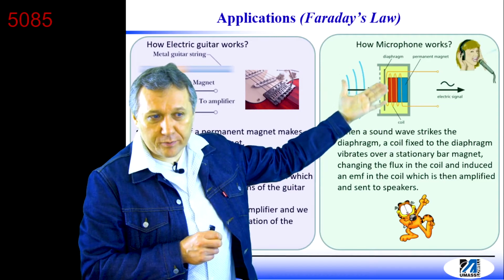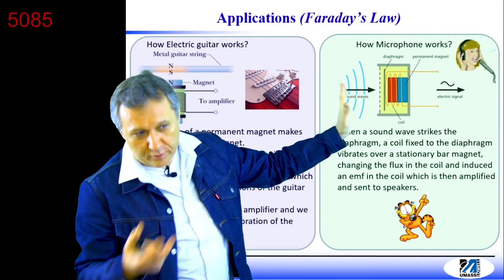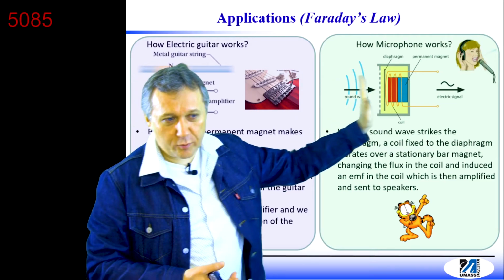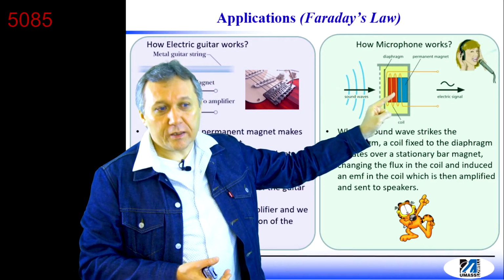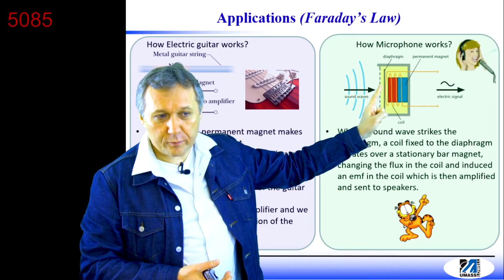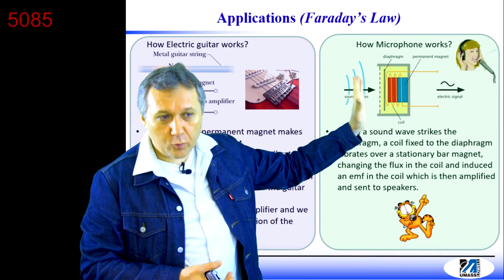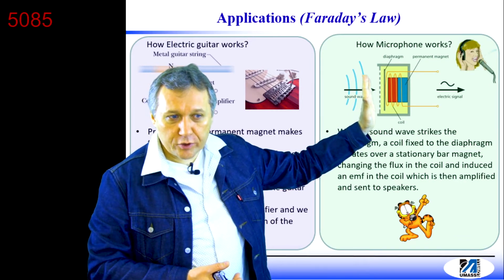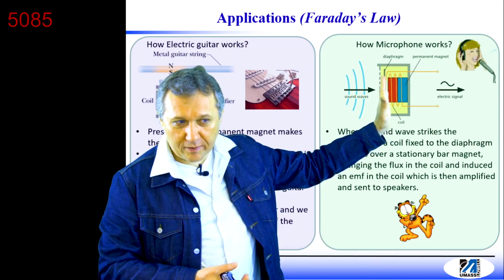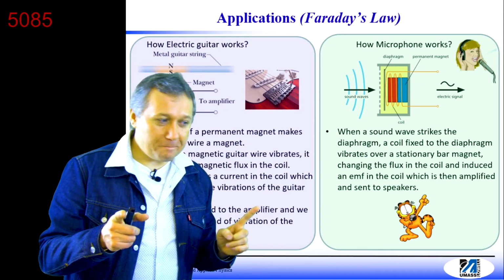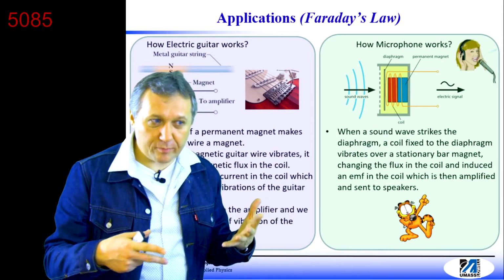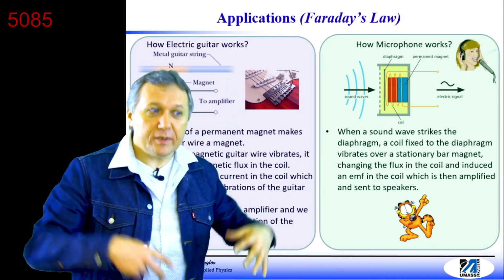Now acoustic waves come, and of course this membrane starts oscillating, vibrating. It moves that way and then back and forth, and of course the coil is moved with the membrane. When the membrane pushes the coil closer to the permanent magnet, the magnetic field created by the permanent magnet through the coil becomes stronger.